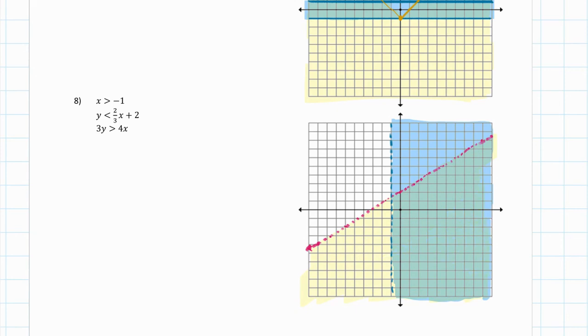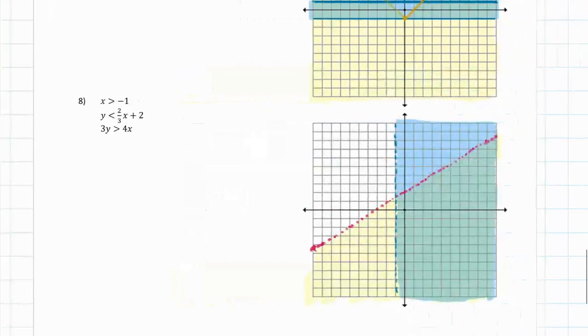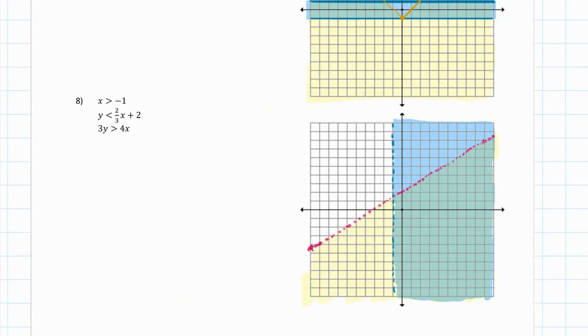But there is one more curve to consider, so we're not done yet. We need to graph 3y is greater than 4x. So this would be y is greater than 4/3 x, which starts at 0, 0 and goes up 4 over 3, up 4 over 3, down 4, left 3, down 4, left 3. Halfway points there.